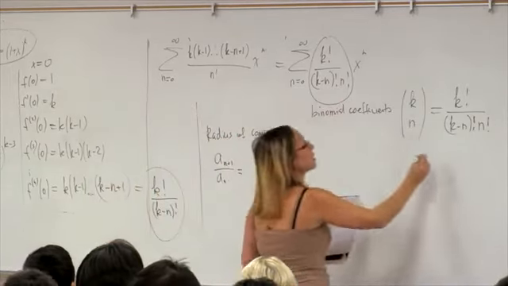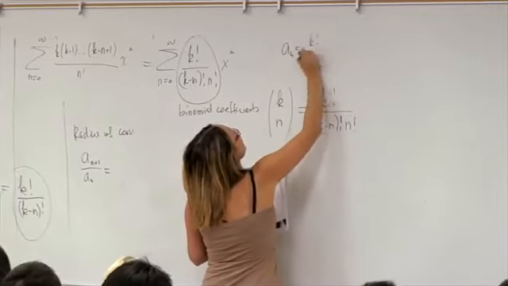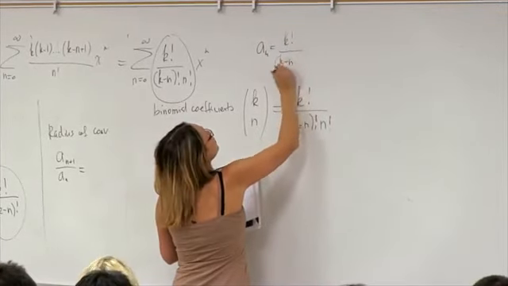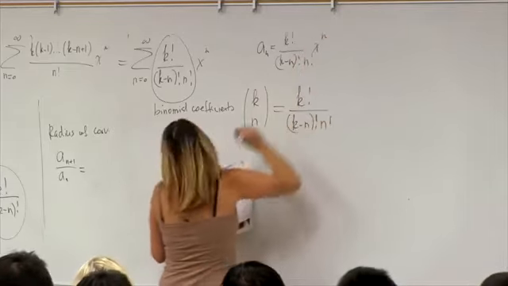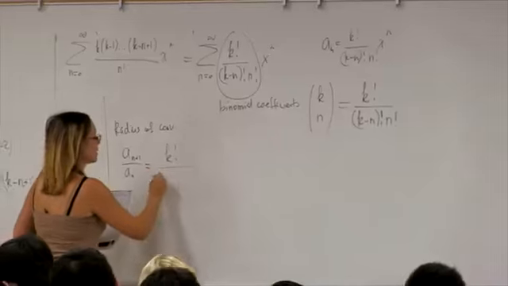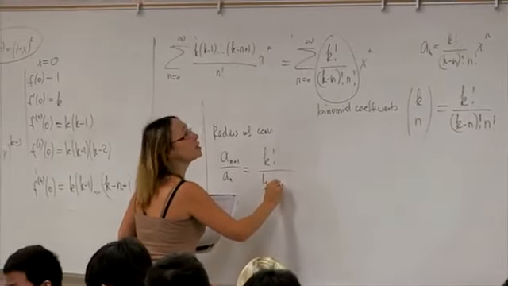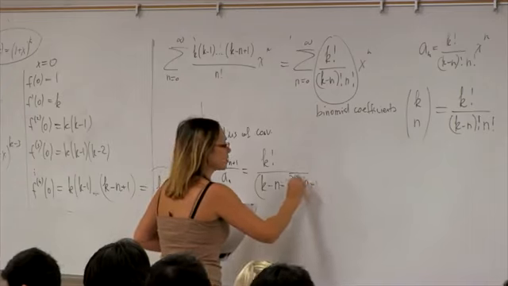So what is a n? A n is k factorial over k minus n factorial x to the n. So the numerator is k factorial, k minus n minus 1 factorial, n plus 1.